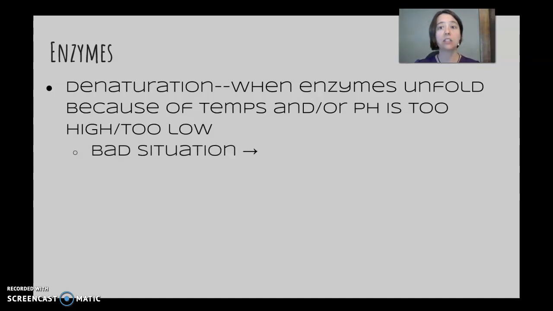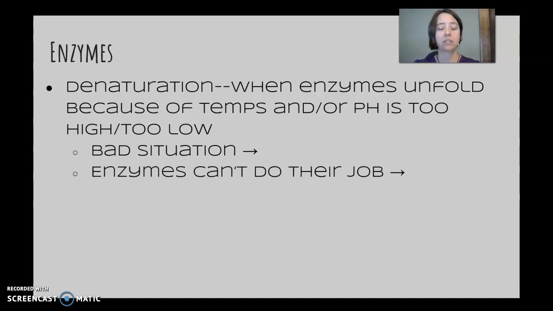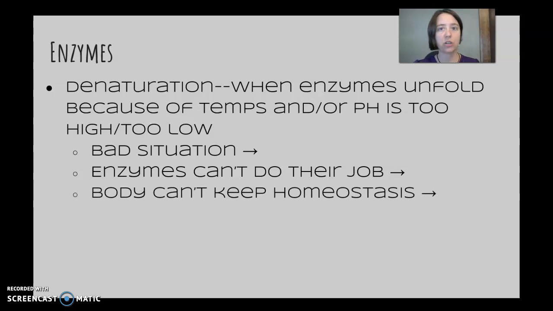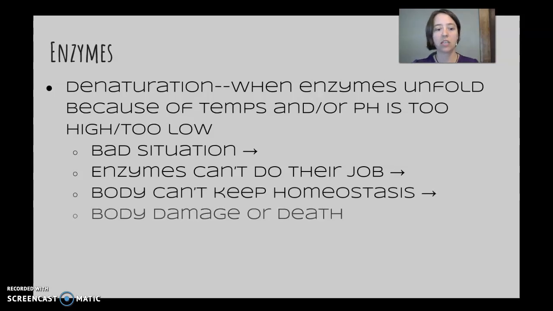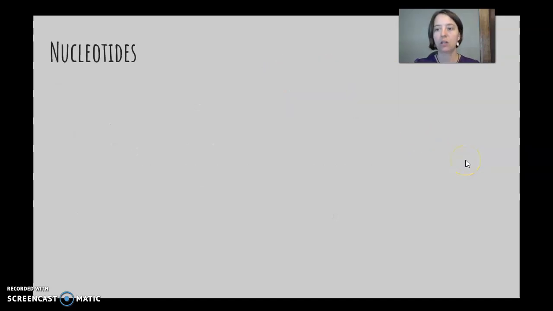So that is a bad situation because the enzymes cannot do their job if they're not the right shape. If enzymes can't do their job, your body can't keep homeostasis, and then body damage or even death will occur. So this is definitely something we want to avoid. We want to keep homeostasis, we want to keep temperatures and pHs constant in our body. Your body is doing an excellent job of maintaining that as we speak right now.